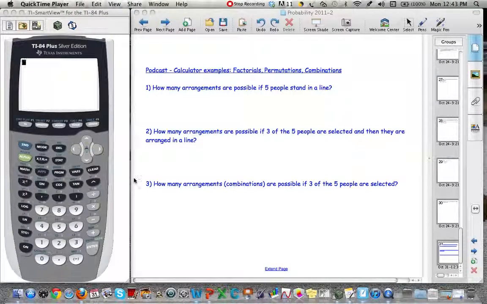Okay, the purpose of this podcast is to demonstrate the use of the TI84 calculator when doing calculations for permutations and combinations. What you see on the right hand side are some examples, three different kinds of examples.